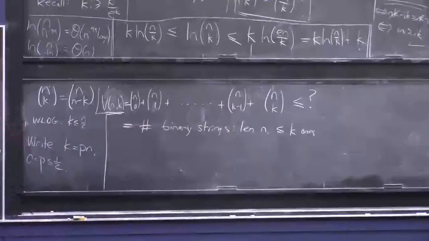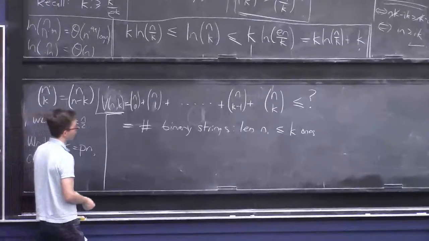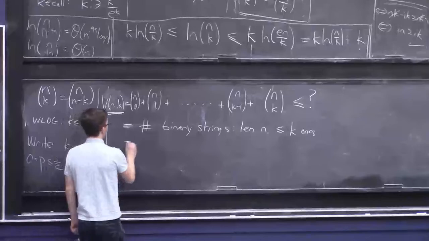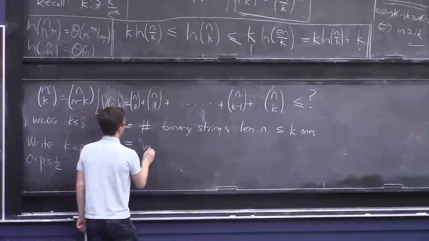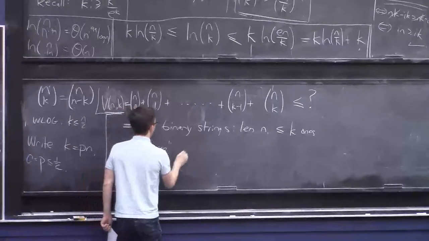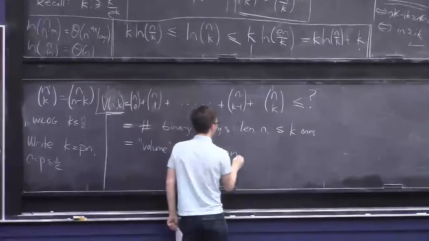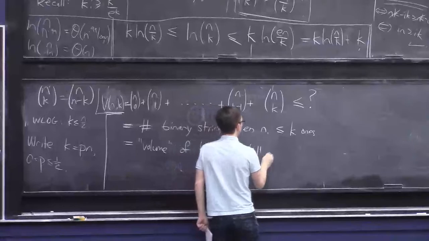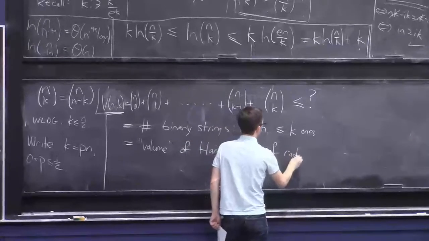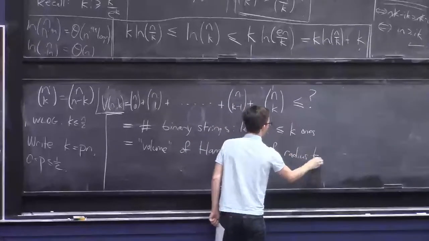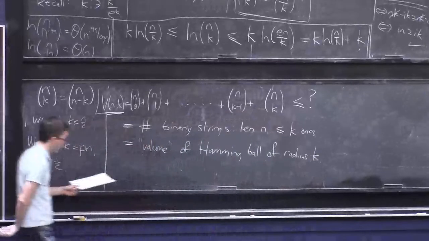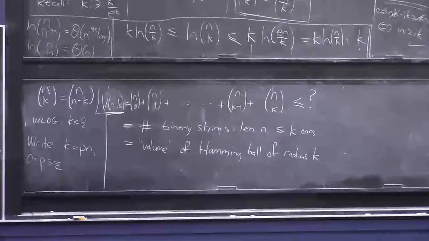That's the sort of thing that comes up a lot in TCS, and so you may care to know how many such strings there are, or a bound on such strings. This is also sometimes called the quote-unquote volume of the Hamming ball of radius k, which is why I chose the letter V for it. So this is something that we may want to know an upper bound on.